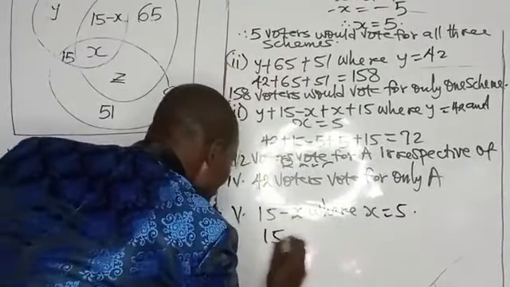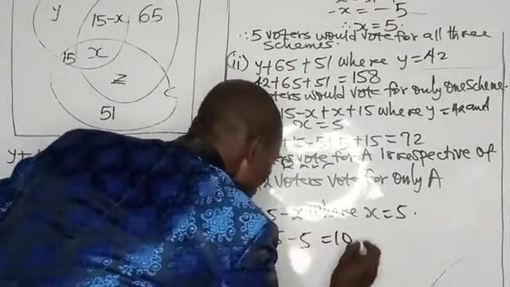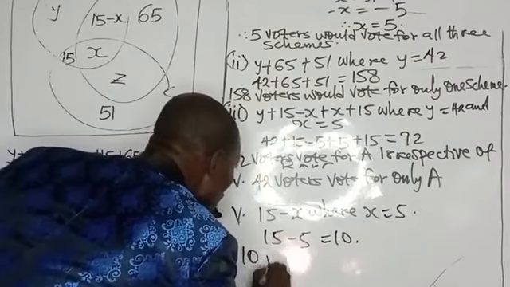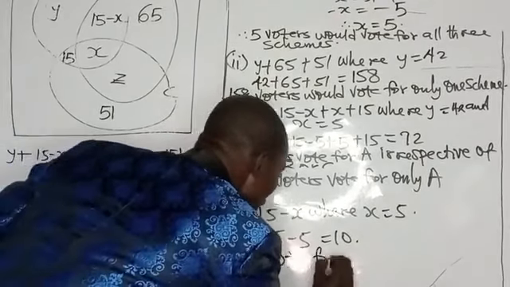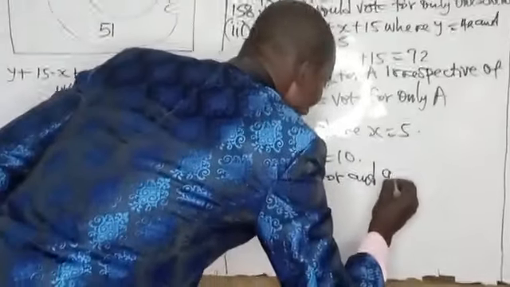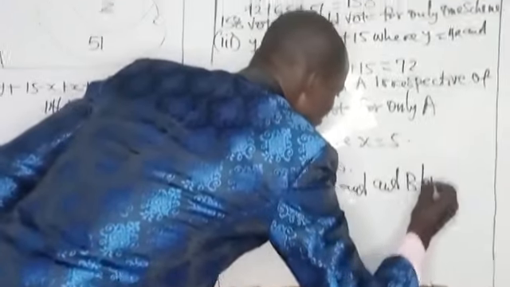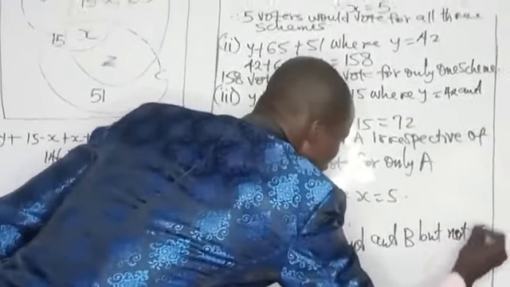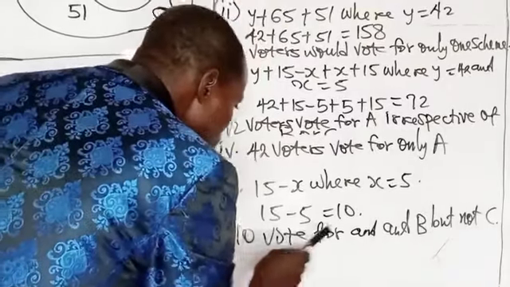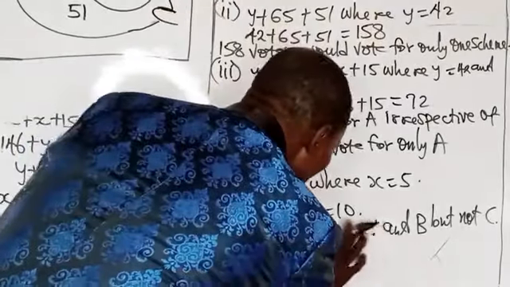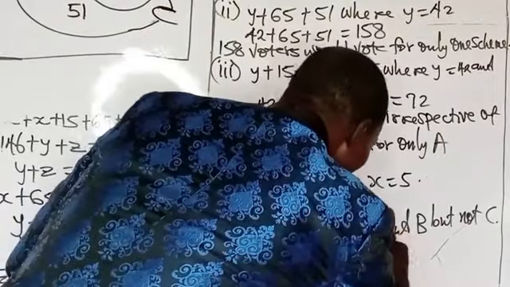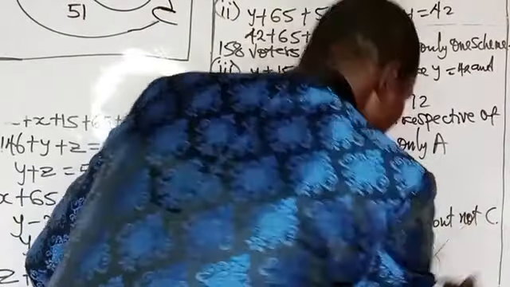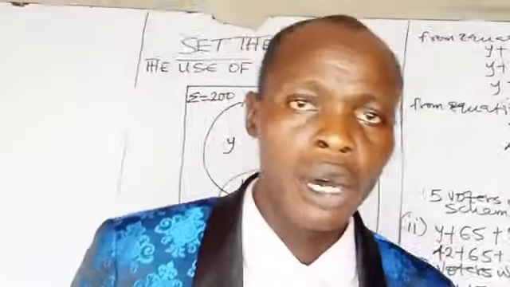We have 15 minus 5 equals to 10. Therefore, 10 votes for A and B, but not C.